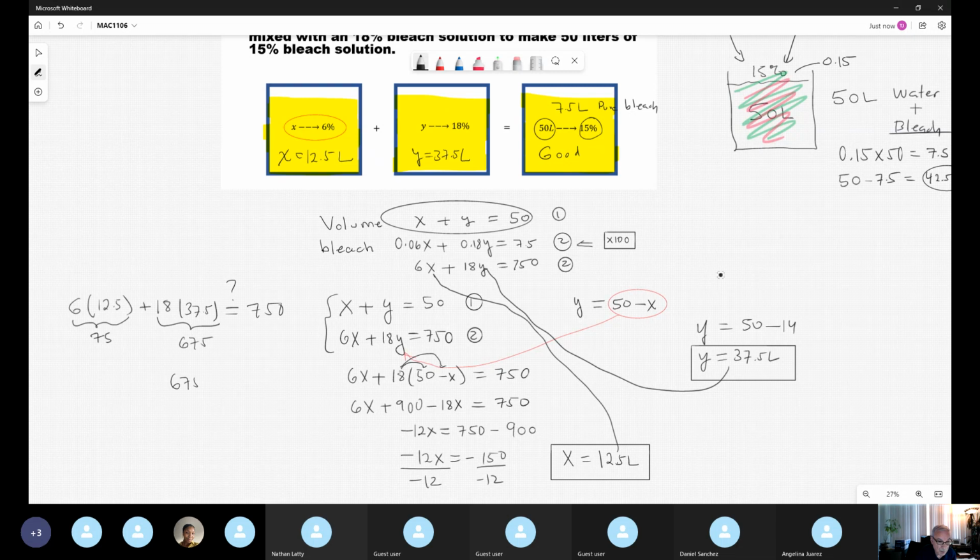And 675 plus 75 is 750. Because 7, 14 plus 1, 15. You carry the 1, is 750. Cool. Okay. The checking is not necessary to do. But the solution is I need to mix 12.5 liters of this container and 37.5 of this in order to get the standard concentration of 15. Do you understand very well or no?